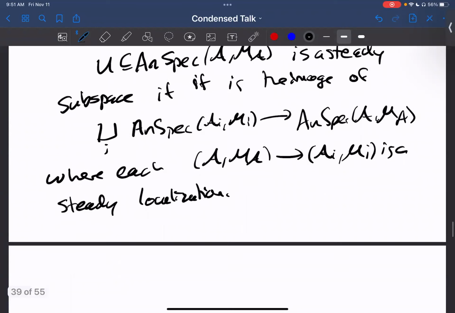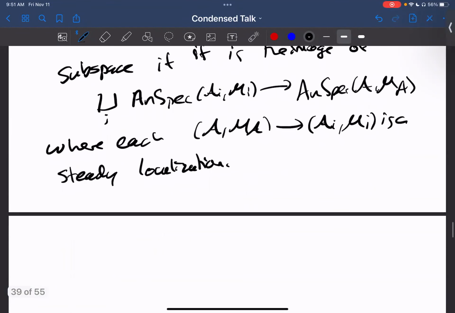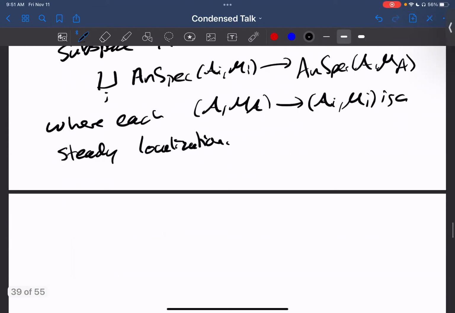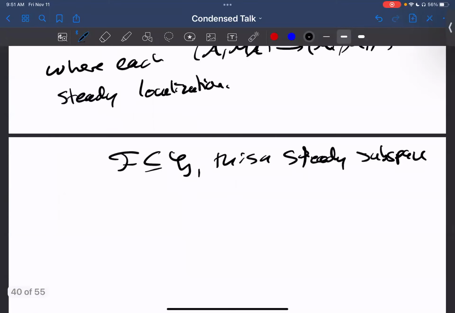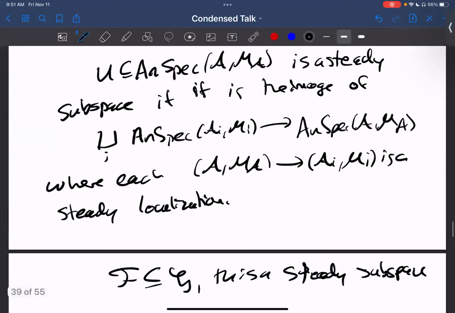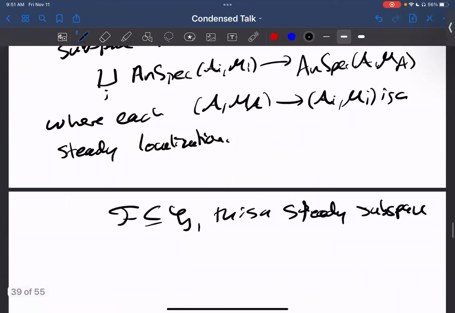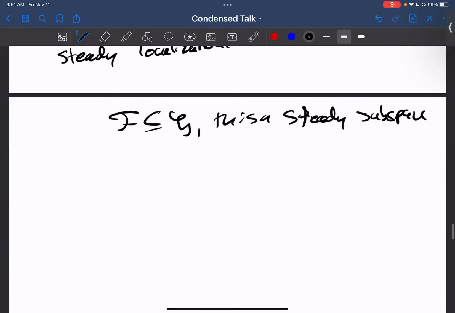All right. So with this in mind, we can talk about this for general presheaves. This is a steady subspace. Or for general sheaves, it doesn't really matter. Let's say for general sheaves. Yeah, so some subsheaf here and some subsheaf on this one. You can show that it doesn't matter so much in that the sheafification of the colimit will always give you back something which is steady.